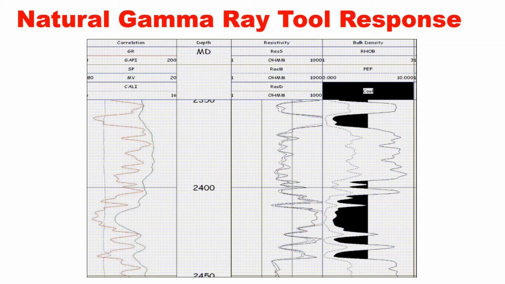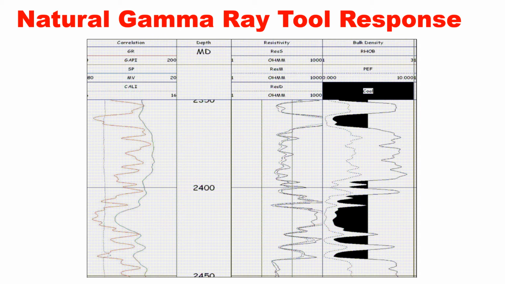So, natural gamma ray response. The natural gamma ray tool measures bulk gamma rays emitted from the radioactive minerals in the immediate vicinity of the wellbore. When we place it in the wellbore, it measures the bulk gamma rays emitted from the minerals in the reservoir or in the wellbore.